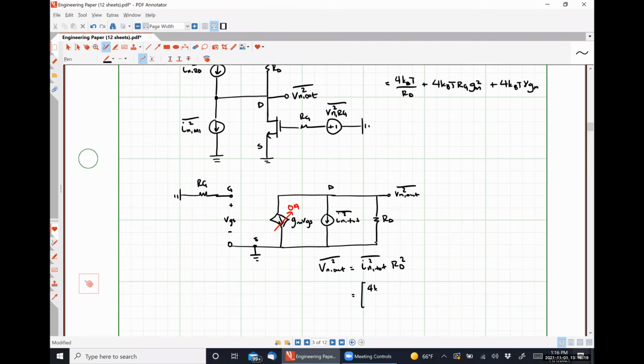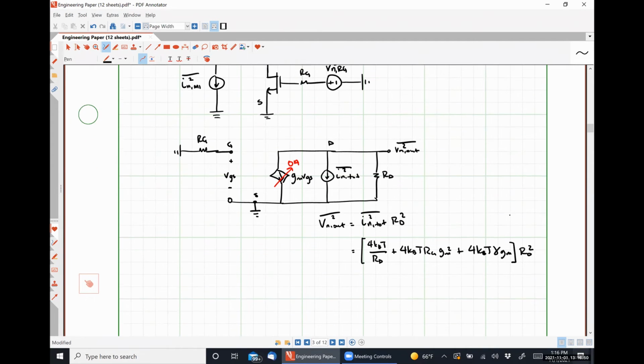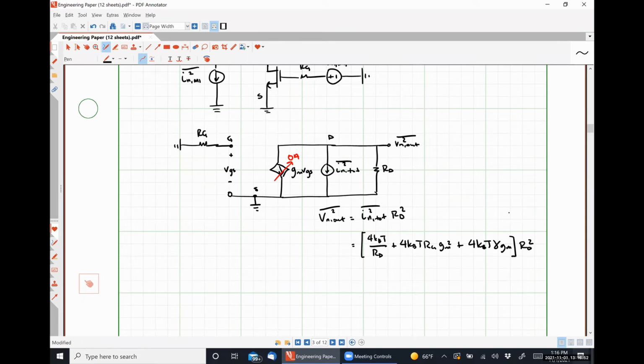Which is going to be 4 kBT over RD plus 4 kBT RG GM squared plus 4 kBT gamma GM all multiplied by RD squared. Everybody okay with that?